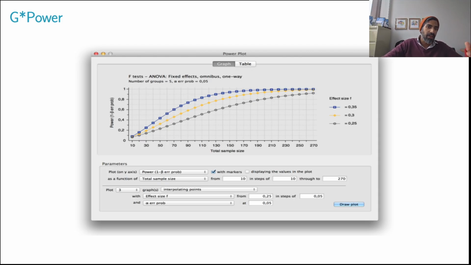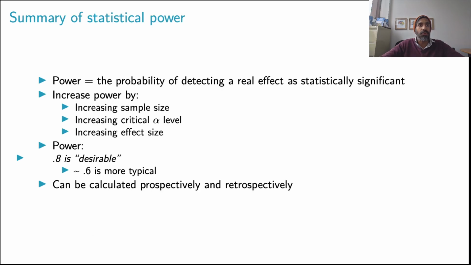So you either have not enough people, and so you need to do power analysis, check if you have the minimum sample, or you have too many people, and so you need to use some justification to ensure that your analysis and your results make sense and are applicable to the broad population. So power is just the ability to detect an effect. Probability of detecting a real effect that is statistically significant.